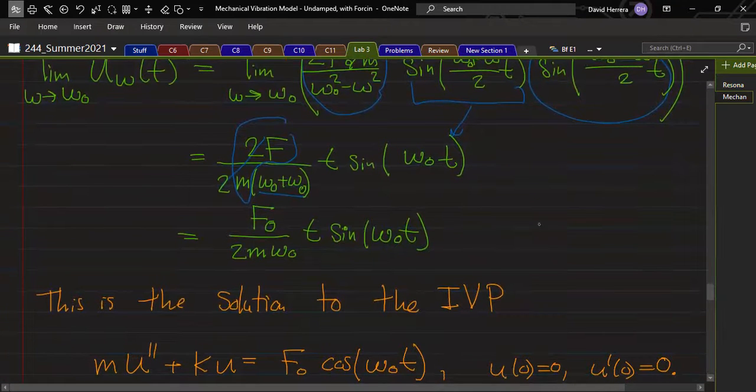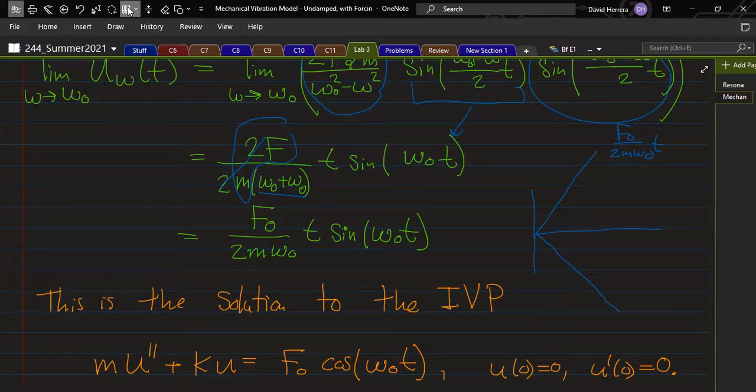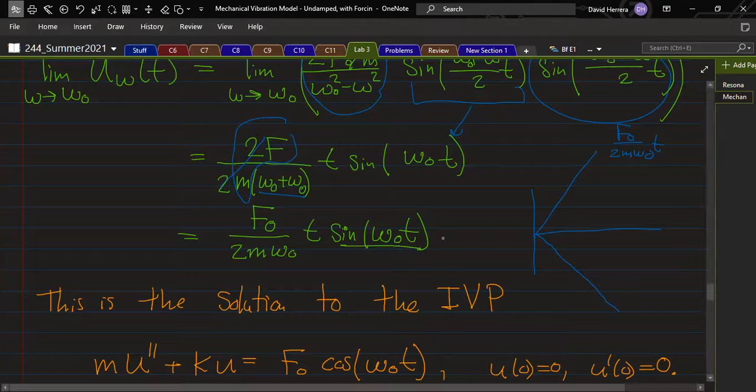So what does this look like? Well, you graph this t. So this is f naught over 2m omega naught t, and I'm also going to graph the negative of it. And what you do is you try to fit this sine curve in here with the same sort of amplitude modulation thing we had earlier.